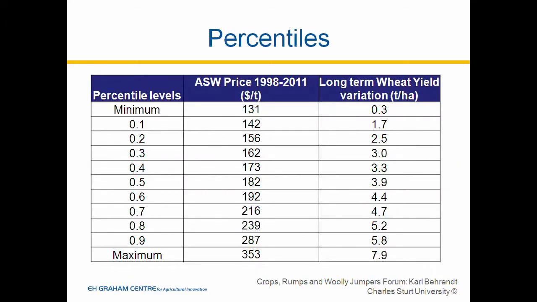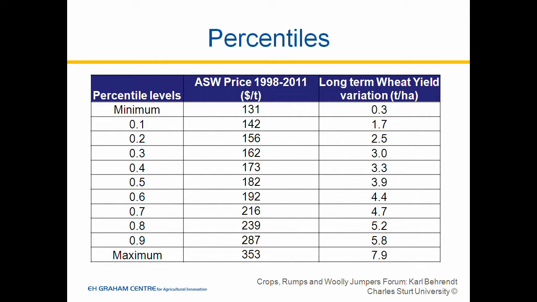At 0, which is the lowest we ever recorded, it was 0.3 tonnes per hectare. So this is Wagga wheat yield data generated from 1880 to 2011 using rainfall data, of course, so it's a bit simulated. But just to give you an idea of what sort of variation you might be exposed to and how you might use this information in a risk profile of a particular enterprise.